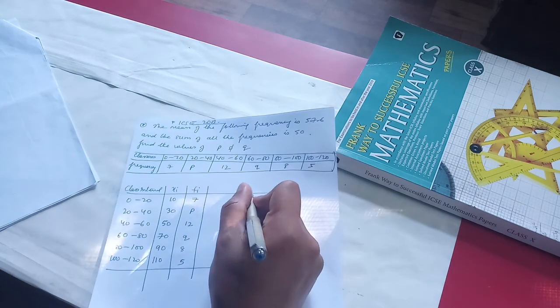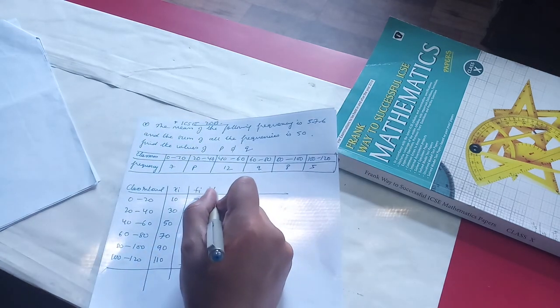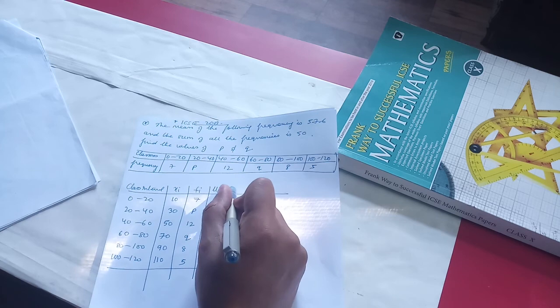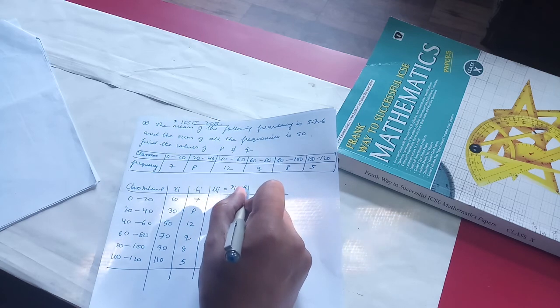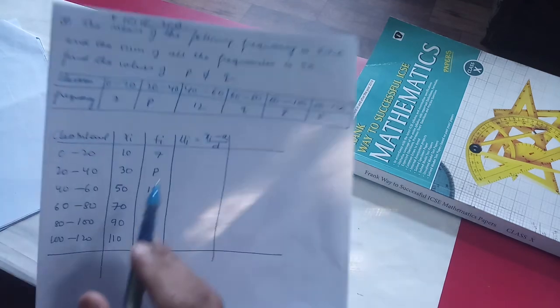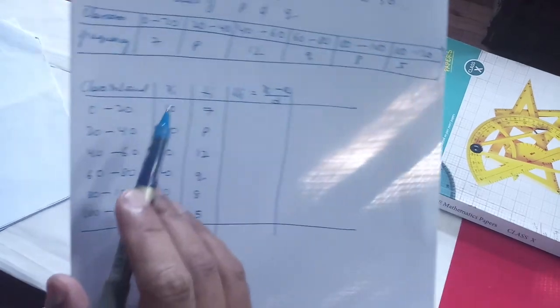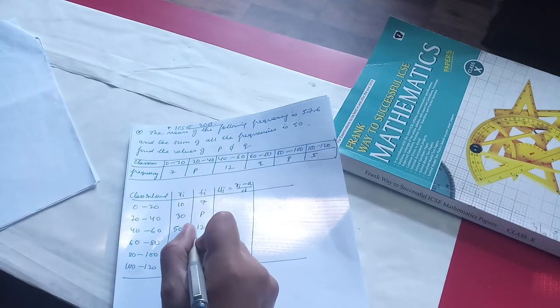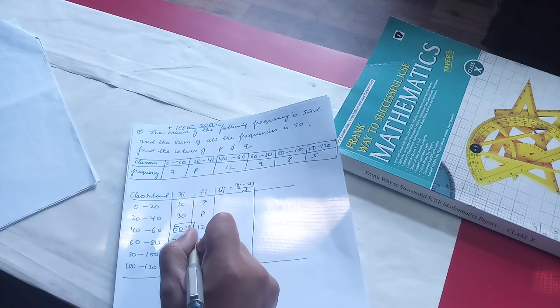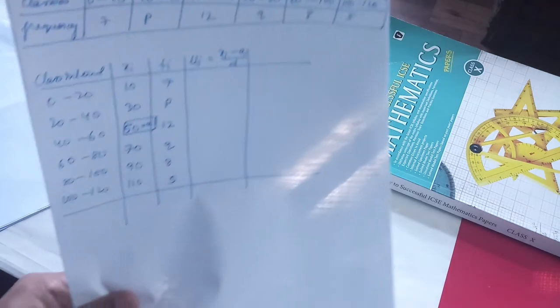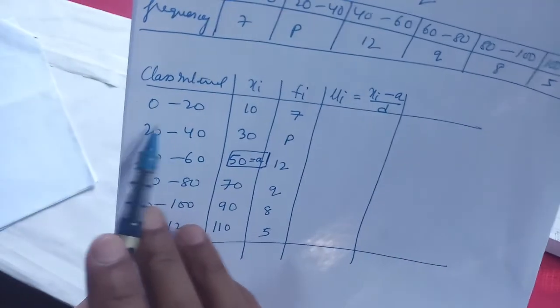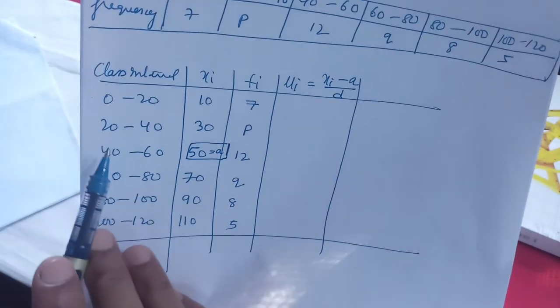Okay, now let us find ui. ui will be xi minus a upon d. Let us choose one xi as a, the assumed mean. I am taking it as 50. You can also take 70 if you want, but 50 is fine. And the class size is 20.